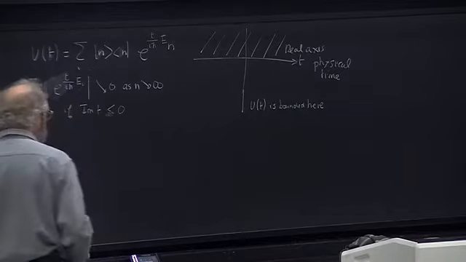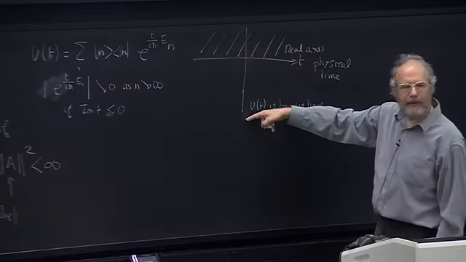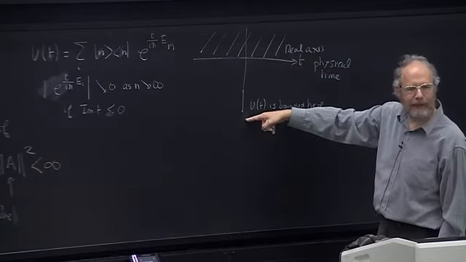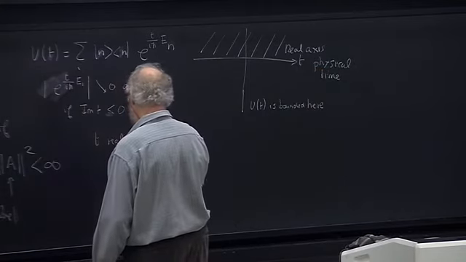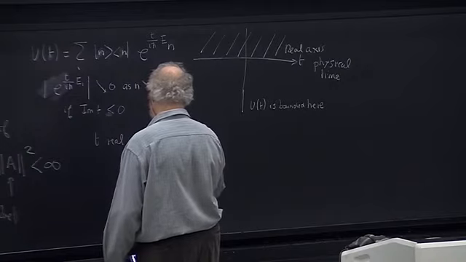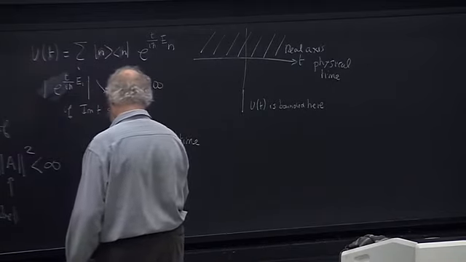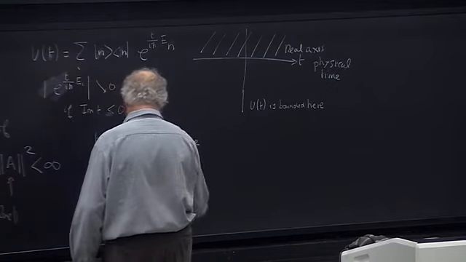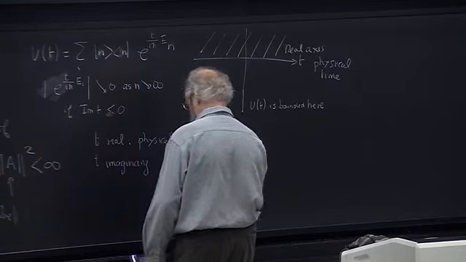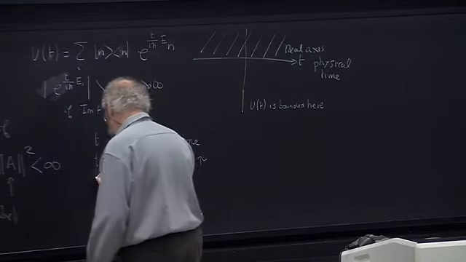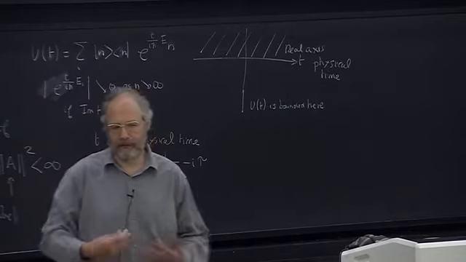And moreover, there is one very interesting region, which is what's happening when t is purely imaginary. When t is real, this is the physical time. Now imagine that t is imaginary. So I'm going to write t as minus i times tau, where tau is a positive number.